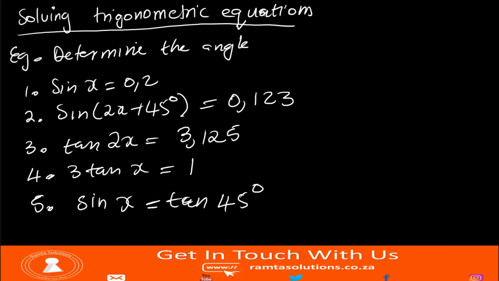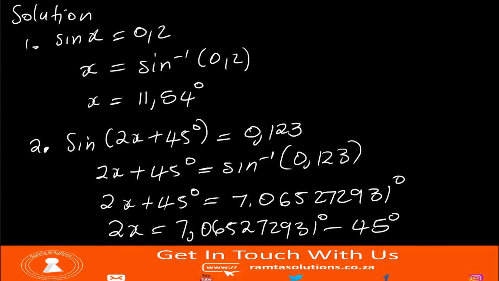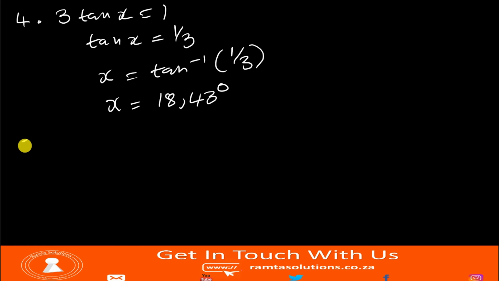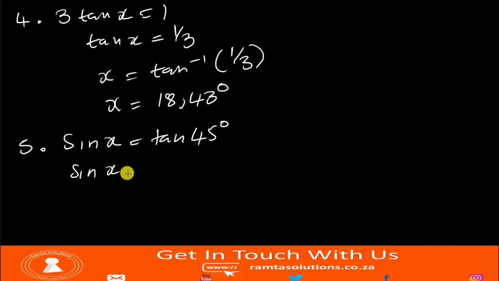Number 5, sine x equals tan 45 degrees. Now, this shouldn't be an issue because you see tan 45, it's easy. You can press tan 45 on your calculator, it'll return 1.